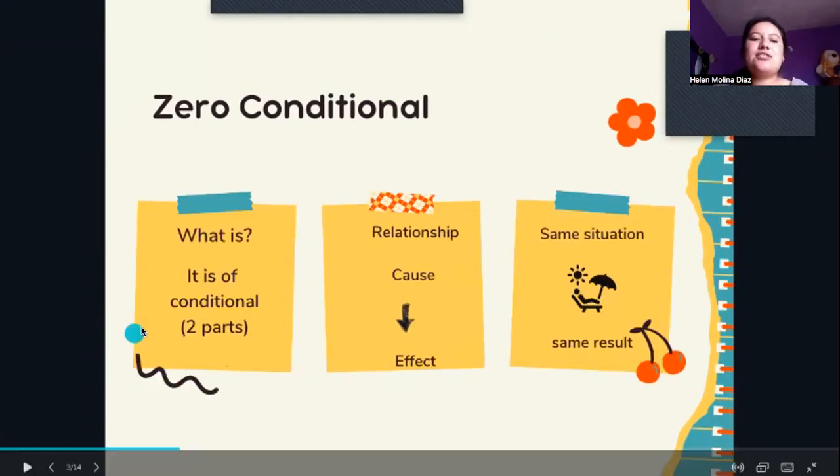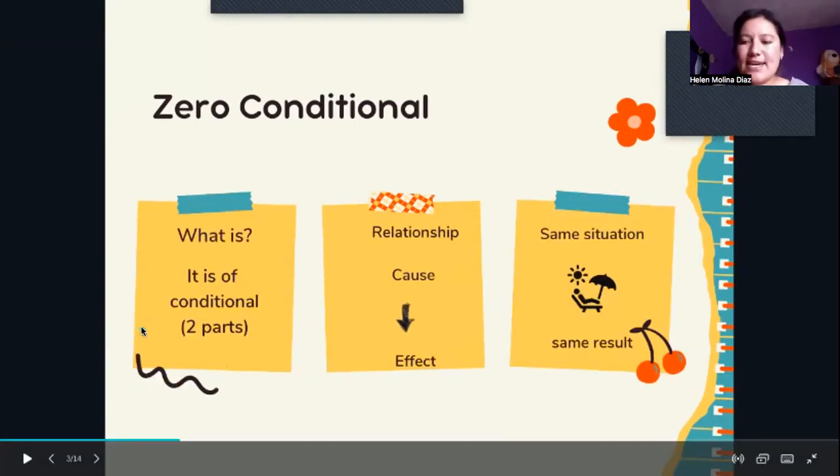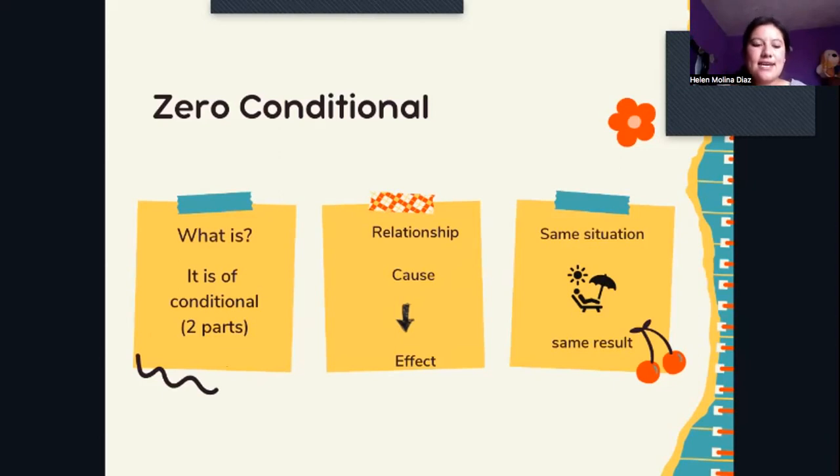The zero conditional and the first conditional are conditionals used to represent situations in our lives, and they express time and cause.